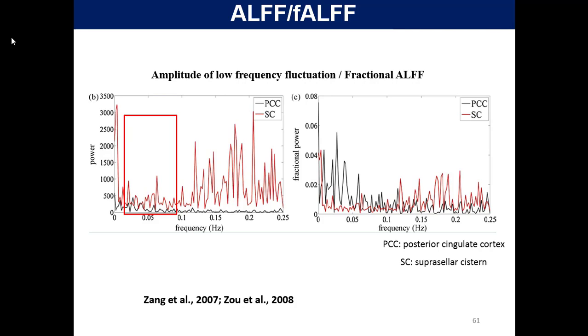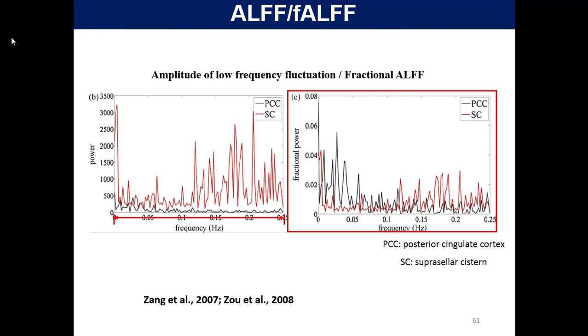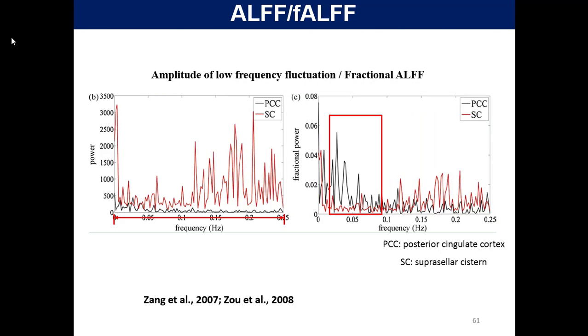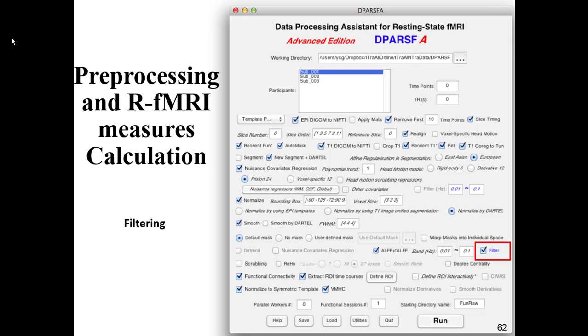And for fALFF, it uses the full frequency amplitude to normalize that one. So you will see in this normalized one, the signal is stronger. So you can set up ALFF and fALFF here, and it will calculate automatically for you.